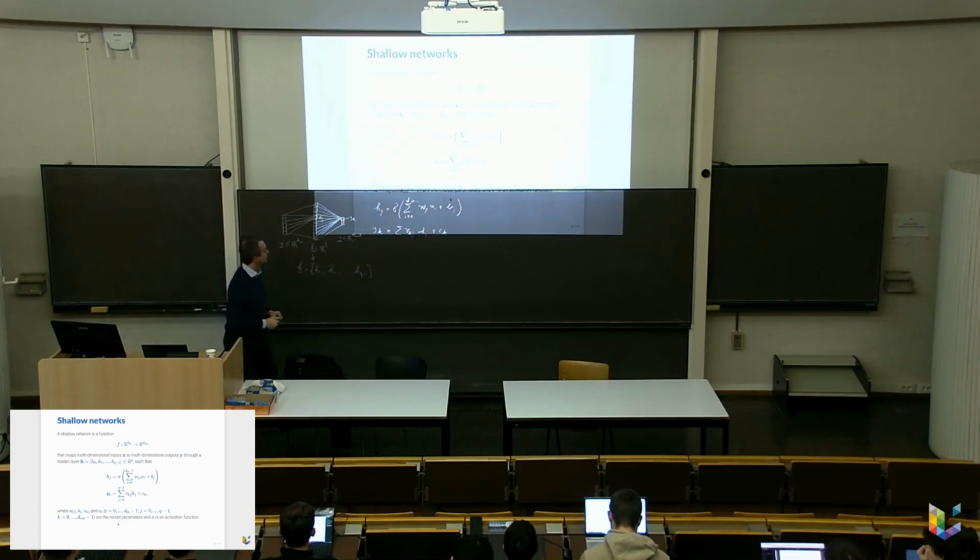Okay? So in this case, this would go from j equals 0 to q minus 1.